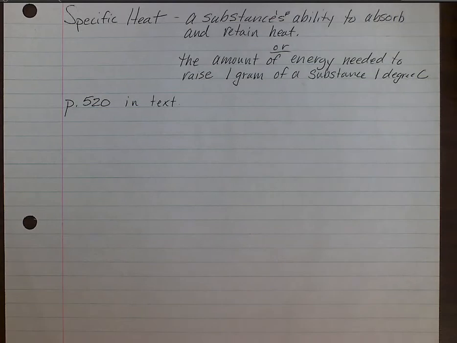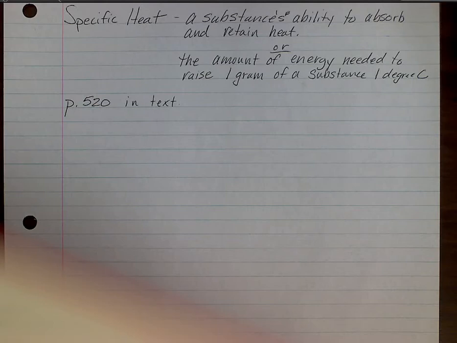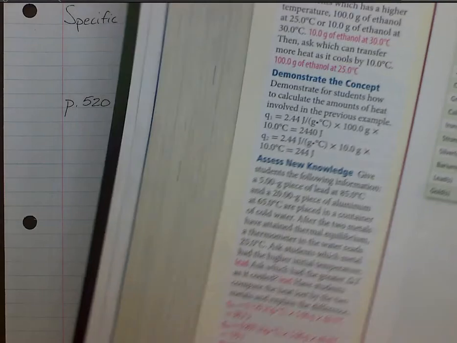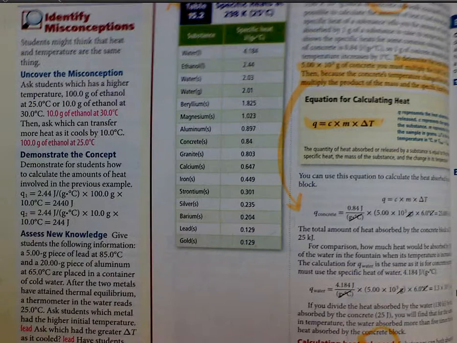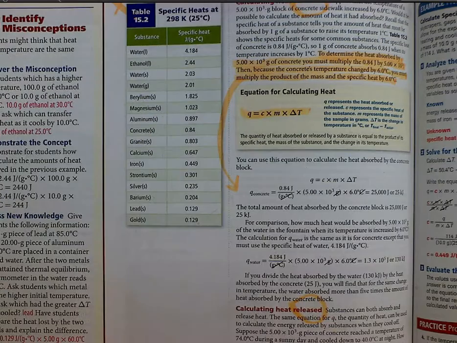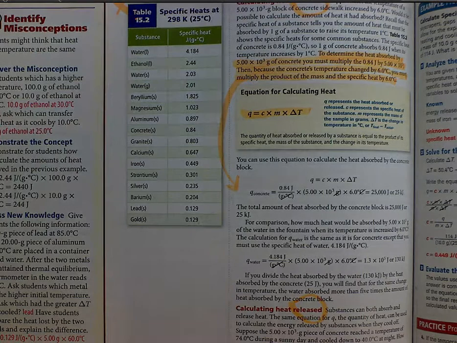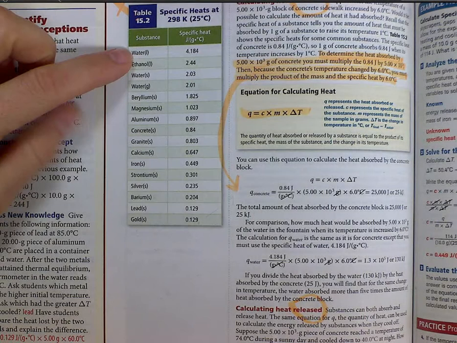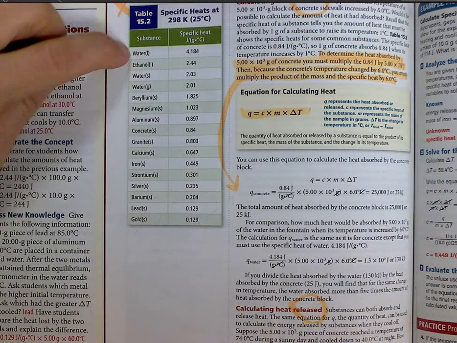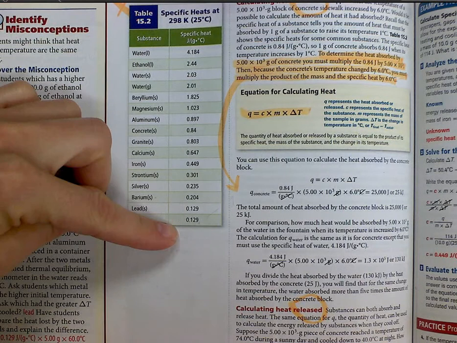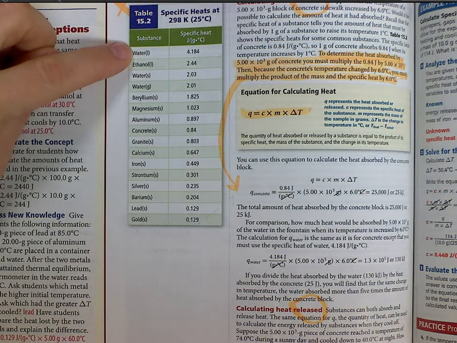Okay, so specific heat, when you're on page 520, and I'll show you my book here. On page 520, there is a table that has some of the specific heats for different substances. They're in descending order, and water has the highest specific heat of anything on this table.